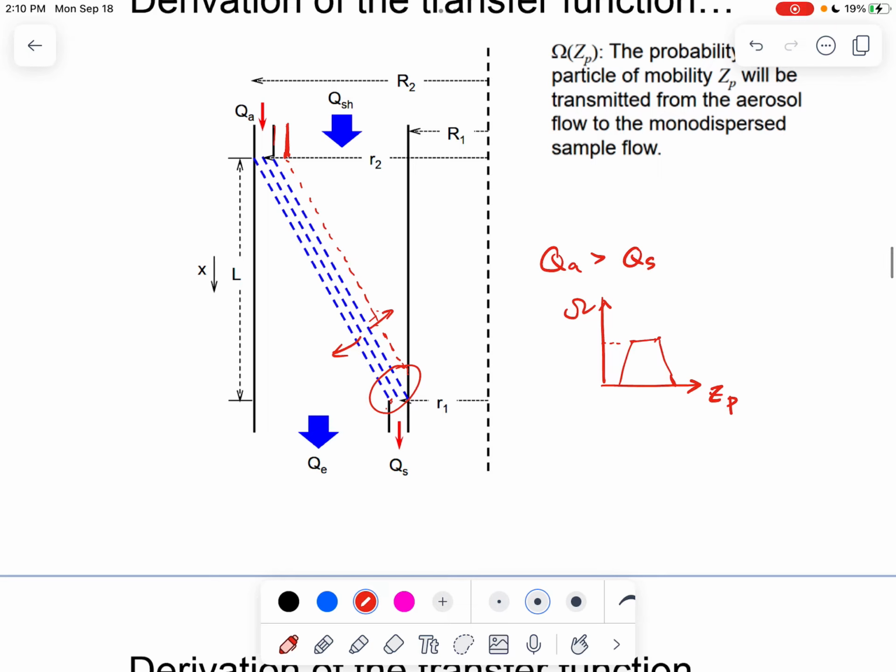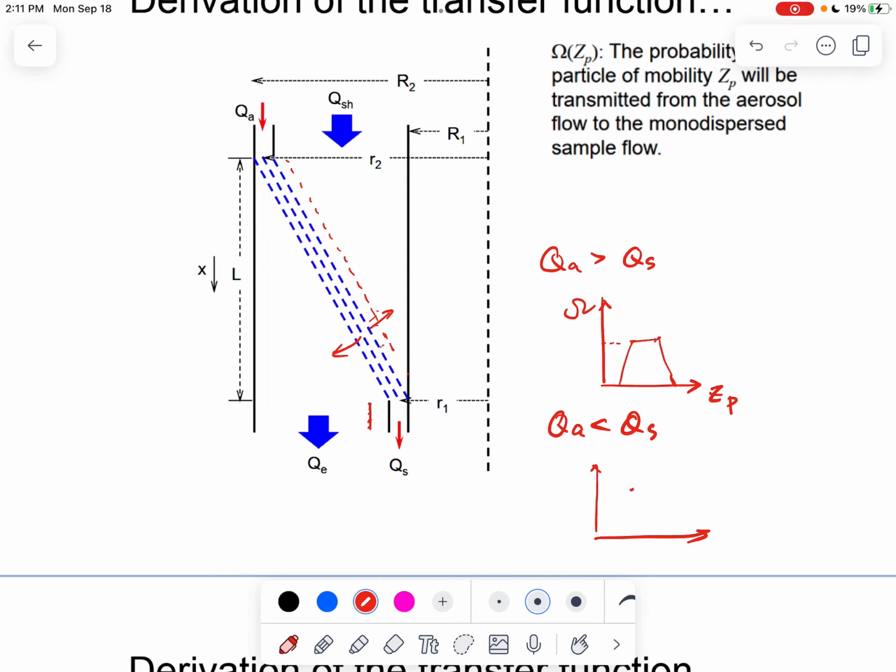So you can also imagine the case where you have QA smaller than QS. When QA is smaller than QS, you can treat it as equivalent to the situation where you have a wider outlet diameter, or a wider dimension for the outlet. This means that under the perfect condition, you definitely will reach 100%.